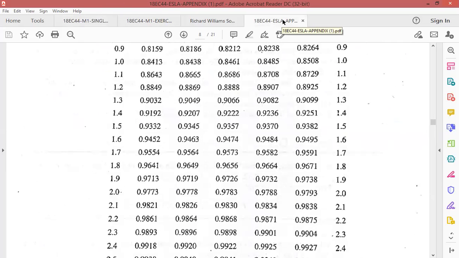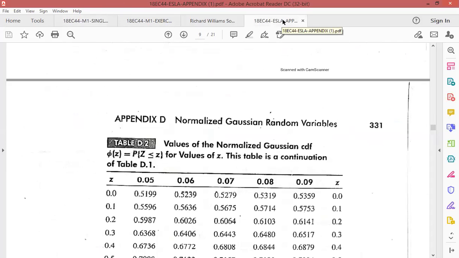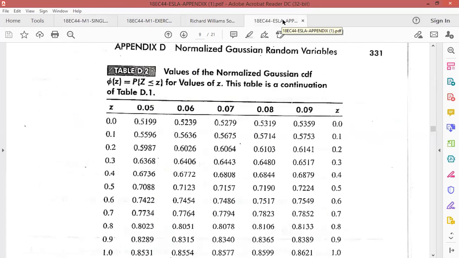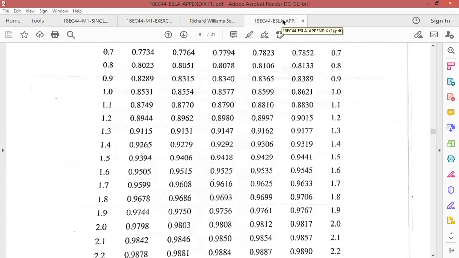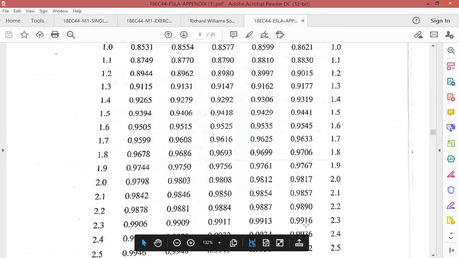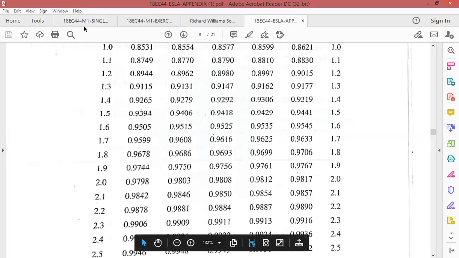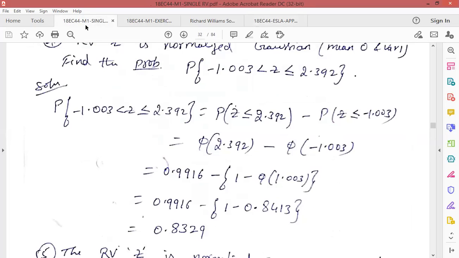Really? For 2.39, you can directly tabulate it from the table. For 2.39, it is 0.9916. Take that value.